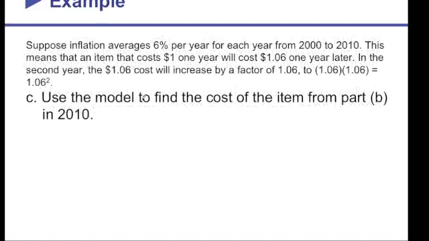And we want to use that model to find the cost of the item from part B in 2010. So now t will equal 10. Y will equal 100 times 1.06 raised to the 10th.